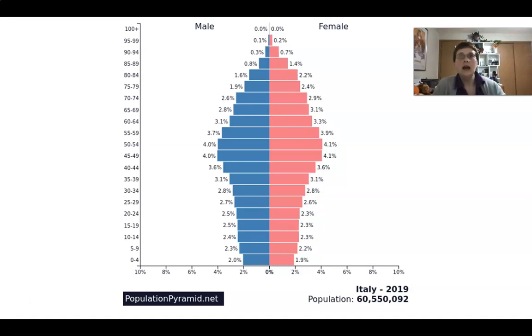And then Italy, I threw Italy in here because several of you did Japan, and Japan is the classic example of a late stage 4 or stage 5 country, but Italy is having the same problem. They are getting an aging population, so most of their population now is in that 45 to 60-year-old range.